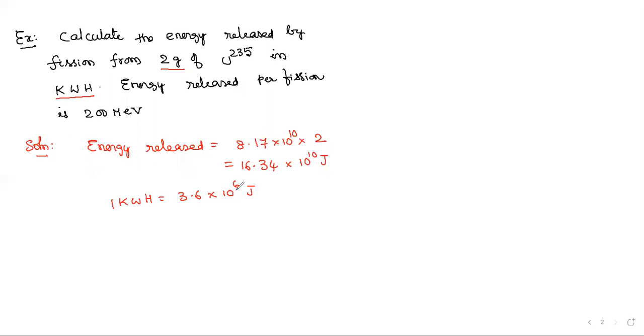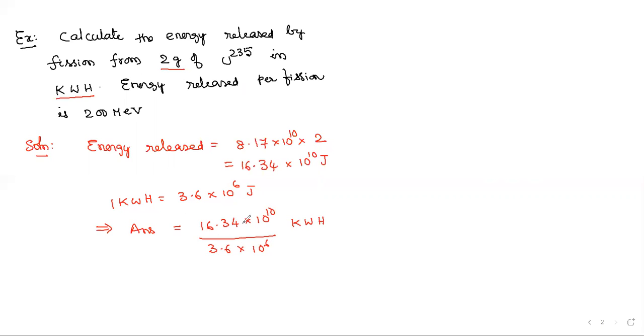To convert joules to kilowatt hours, we divide by 3.6 into 10 to the power of 6. So the answer is 16.34 into 10 to the power of 10 divided by 3.6 into 10 to the power of 6 kilowatt hours.